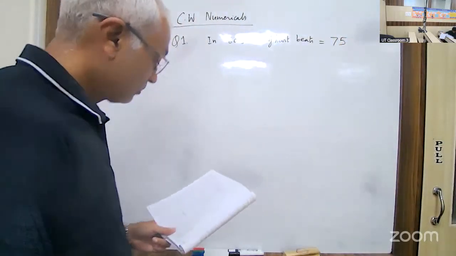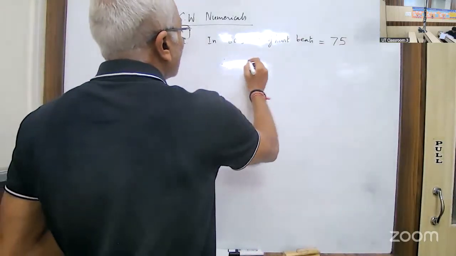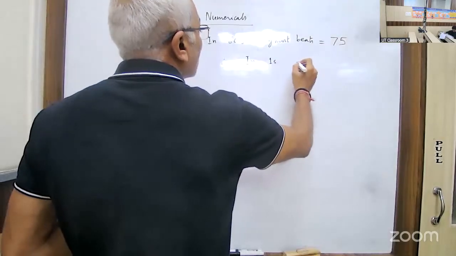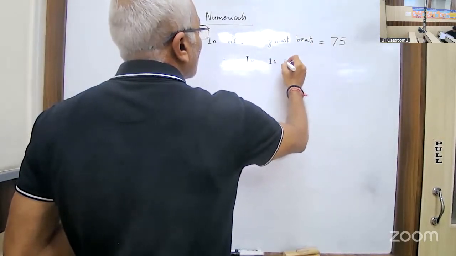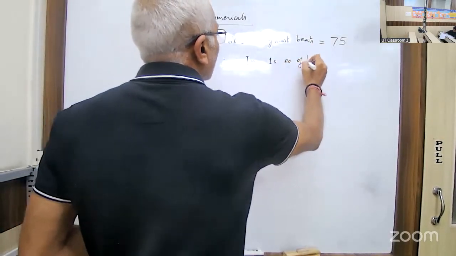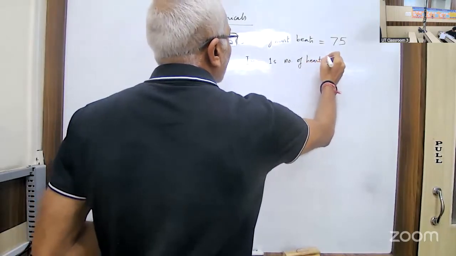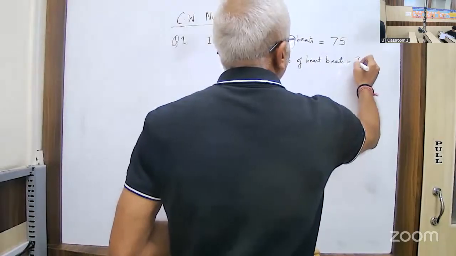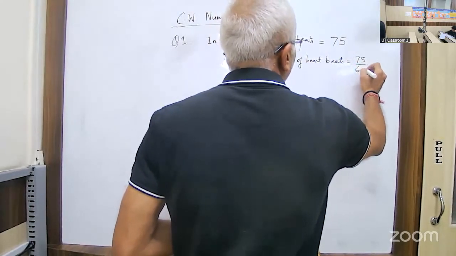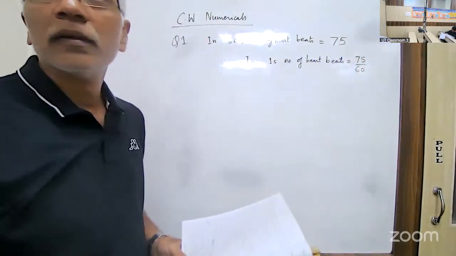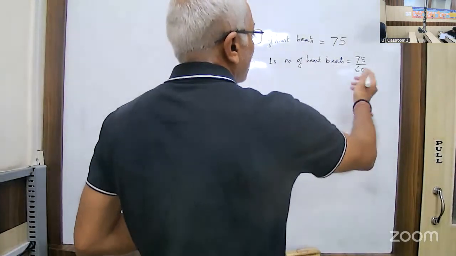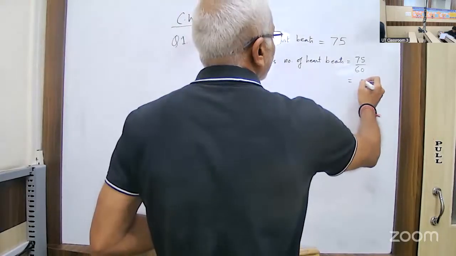So you have to find the frequency. Therefore, in 1 second, number of heartbeats will be 75 by 60. Okay? So that is nothing but frequency, isn't it?